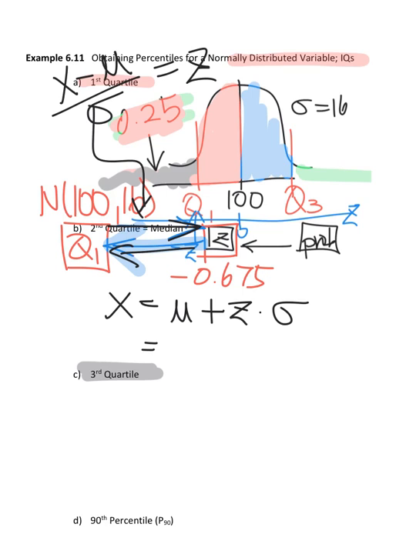So I can plug in 100, add negative 0.675, times sigma, and sigma was 16.